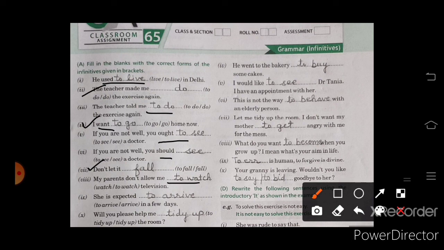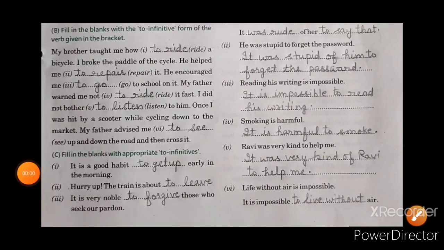Next, ninth sentence, she is expected to arrive in a few days. In this sentence, as object to a transitive verb, we use the infinitive with to. The last sentence is here. Will you please help me tidy up the room?